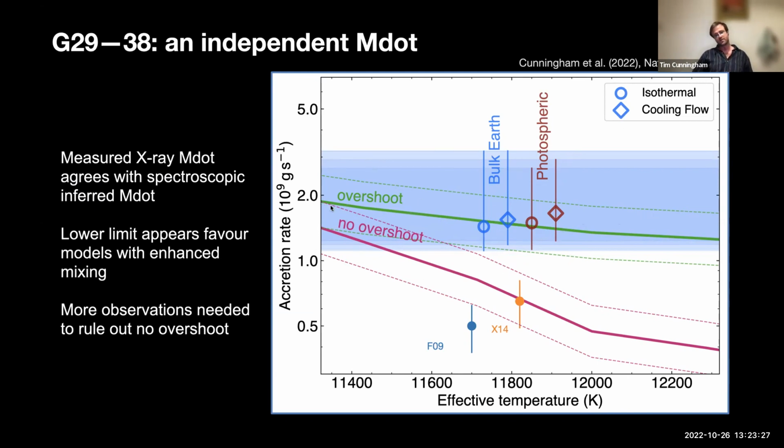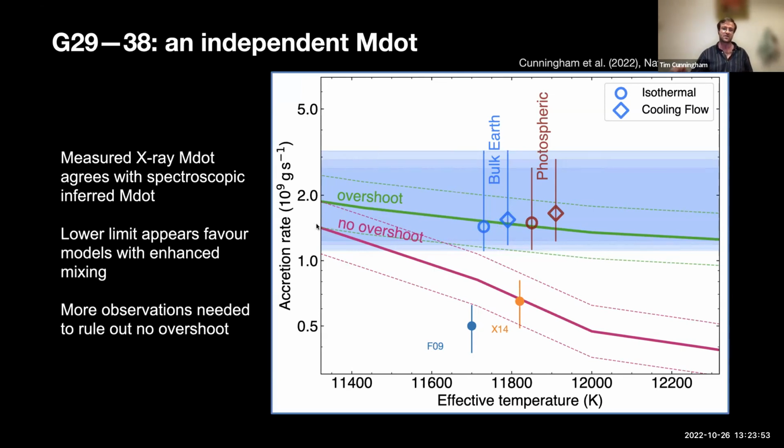And then in green and pink, I'm showing the predicted accretion rate based on the spectroscopic observations of the metals in the atmosphere. So the main conclusion here is that the measured X-ray accretion rate agrees very well with the inferred accretion rate from spectroscopy.